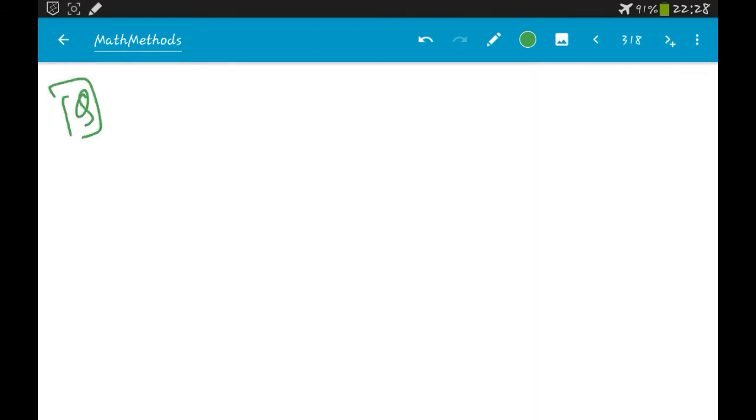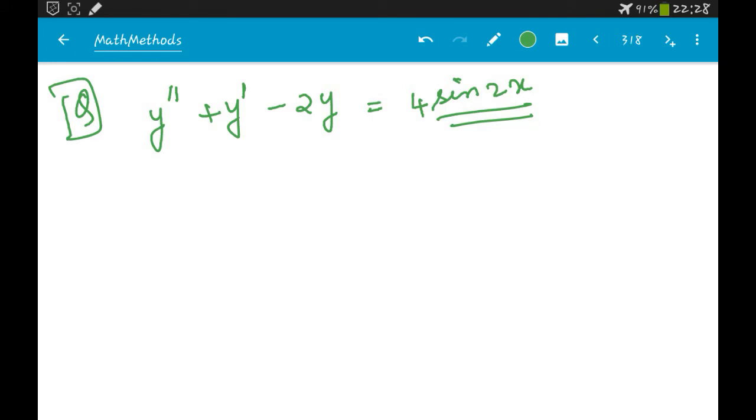So the question is y double dash plus y dash minus 2y is equal to 4 sine 2x. Since this is sine 2x, we will write this as 4 into the imaginary part of e power 2ix.